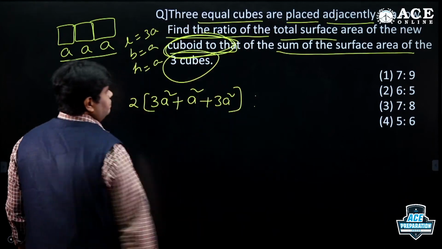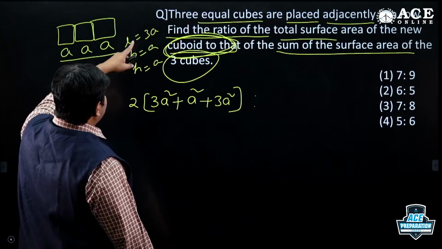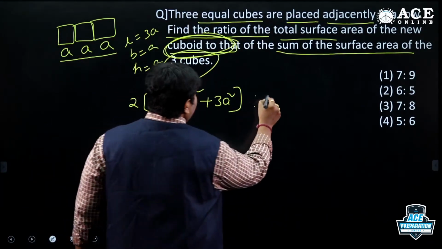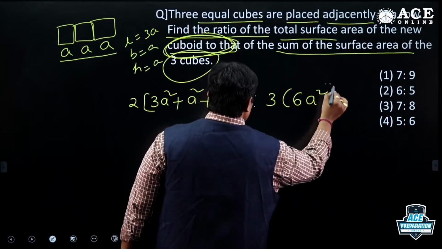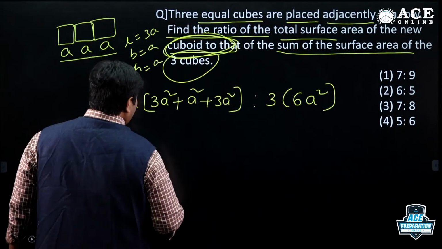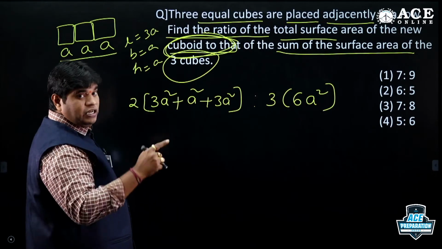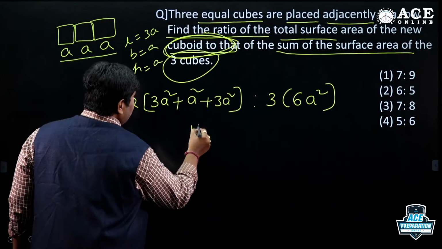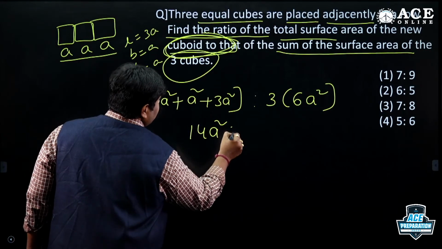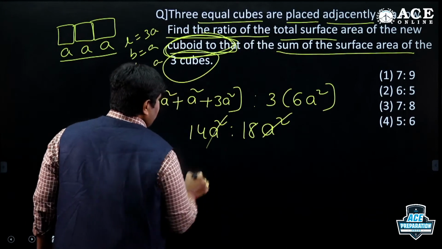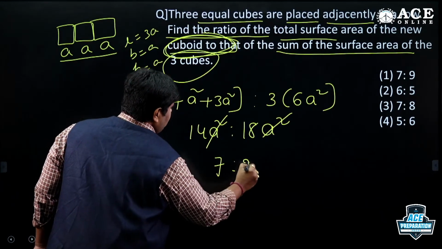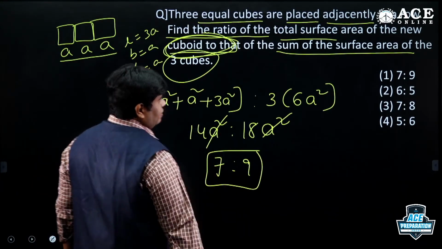Into is to, how many cubes here? 3 equal cubes, so 3 into 6A square. Simplify here, friends: 3A square plus A square plus 3A square is 7A square. So overall 14A square is to 18A square. A square cancels. 2 7s are 14, 2 9s are 18. 7:9 is the answer.